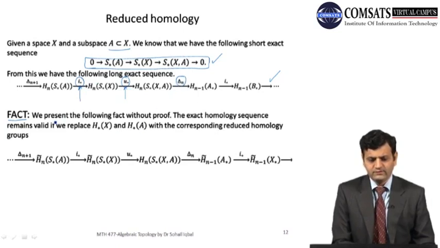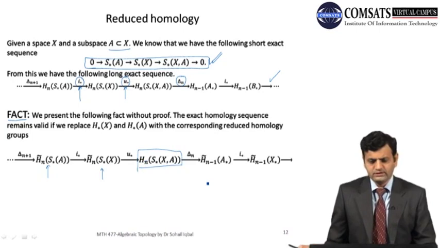Now we have the following fact, which we present without proof. If we define this long exact sequence from this short exact sequence, then it also holds for reduced homology, only if we use the reduced homology of A and X, while the relative homology remains the homology and not reduced homology. This result is very effective, and we'll be using it in our coming discussion.